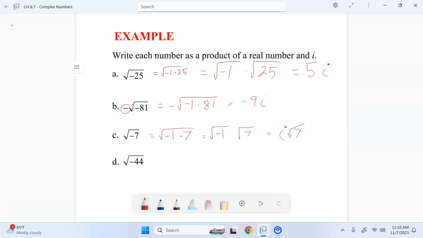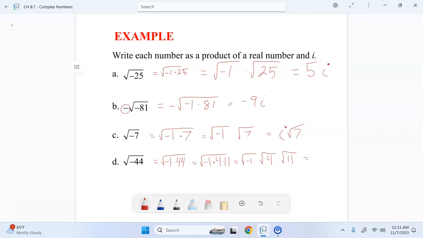And combine it all up together for D. What can I split negative 44 into? Negative 1 and 44. Can I square root 44? No. Does it have any factors that I can square root? So I've got the square root of negative 1, the square root of 4, the square root of 11.